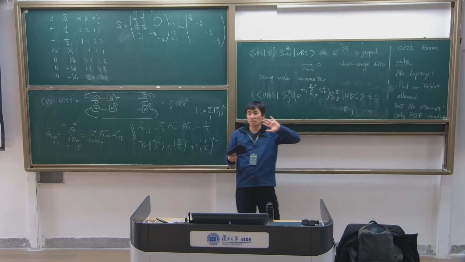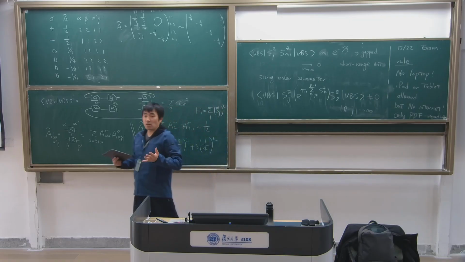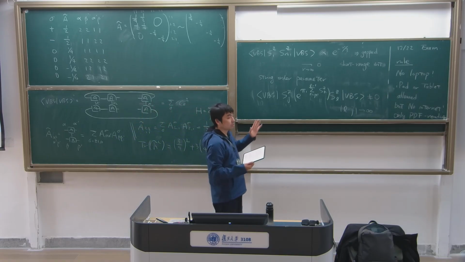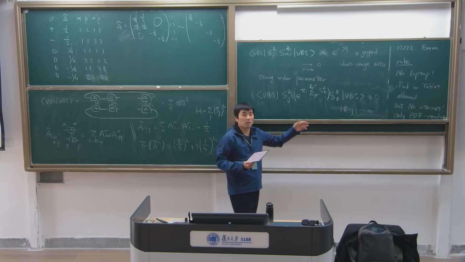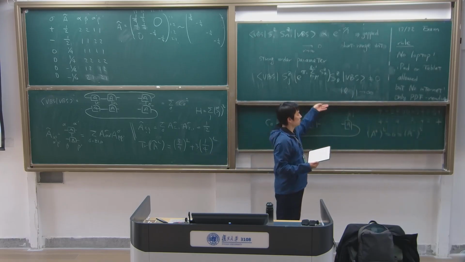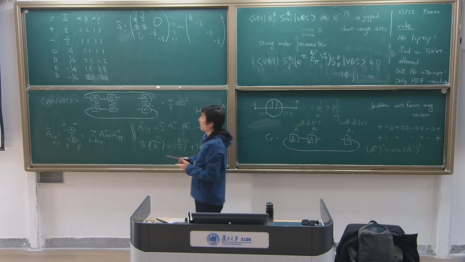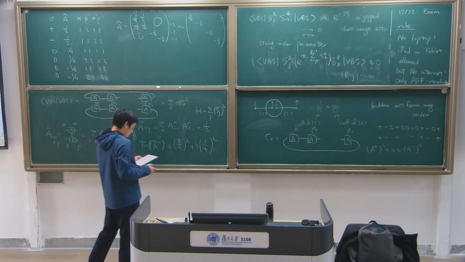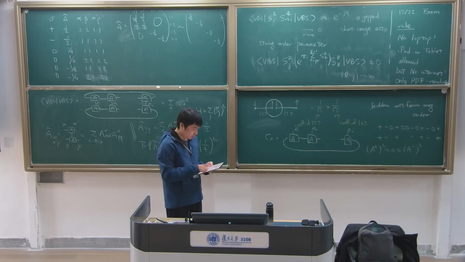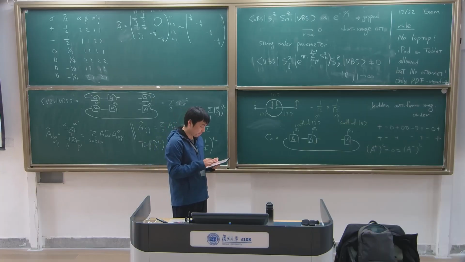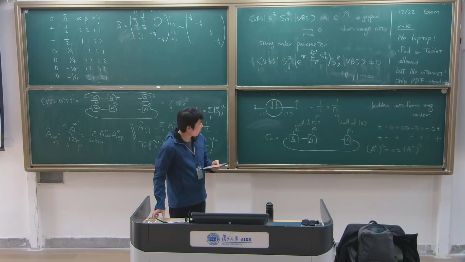So therefore, you can distinguish two cases: the trivial phase and the Haldane phase. So we want to show this by using the MPS. It's not difficult because we already have the preparation.